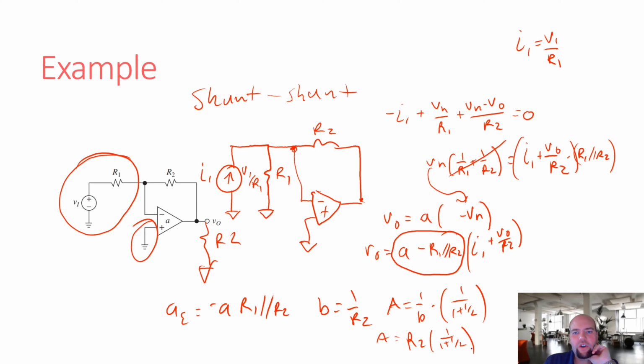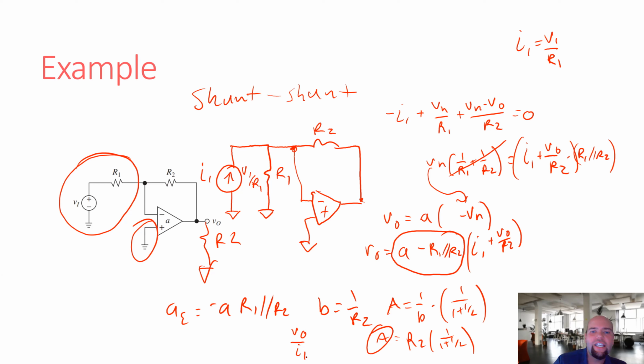So you might say something's going wrong here, but remember, we had to solve for this gain here, which is V out over I in. So we were finding the gain for the output voltage versus the input current. But in fact, we're talking about the input voltage here.